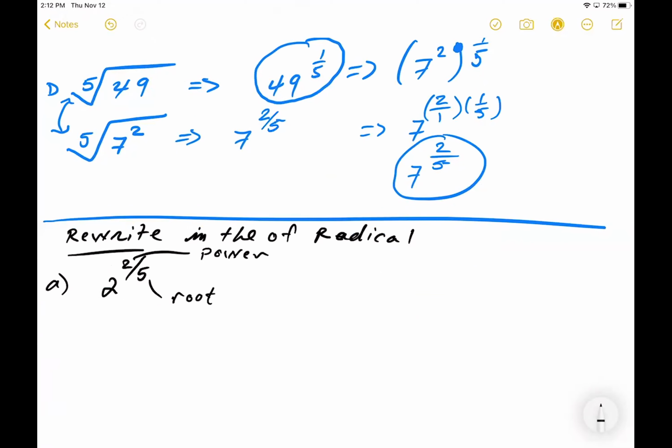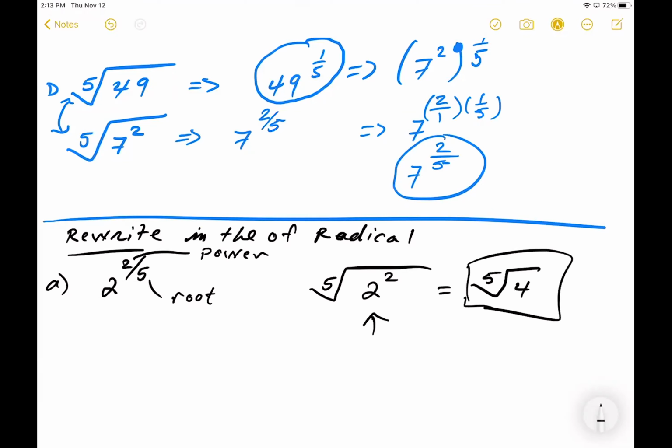So this is the 5th root of 2 raised to the second power. Raised to the second power, 2 times 2 will be 4. I think they accept this answer, but they might also ask for this answer. But I believe if you wrote the 5th root of 2 to the second power, they accept that, okay?